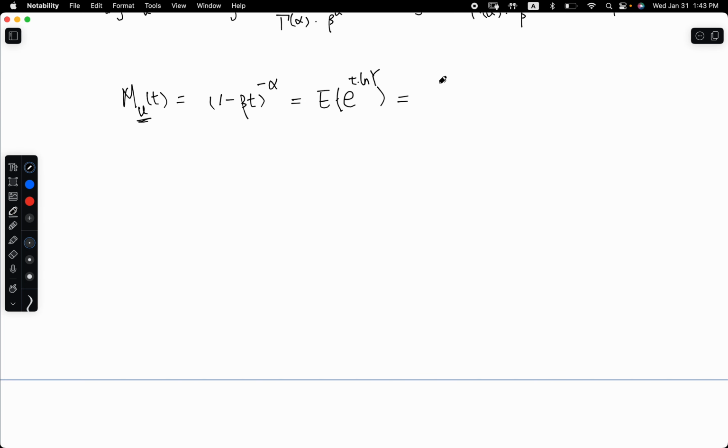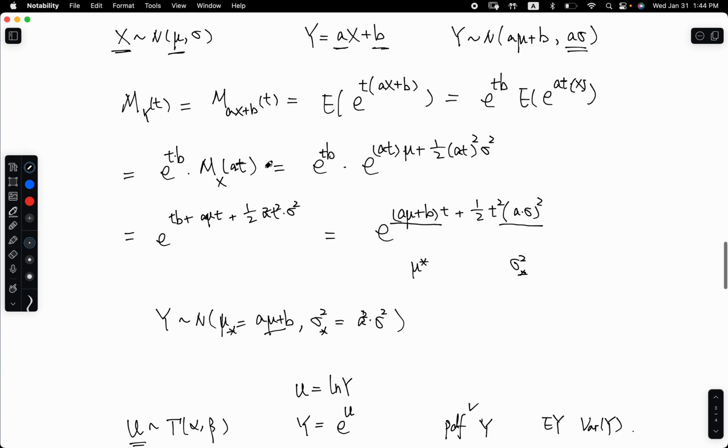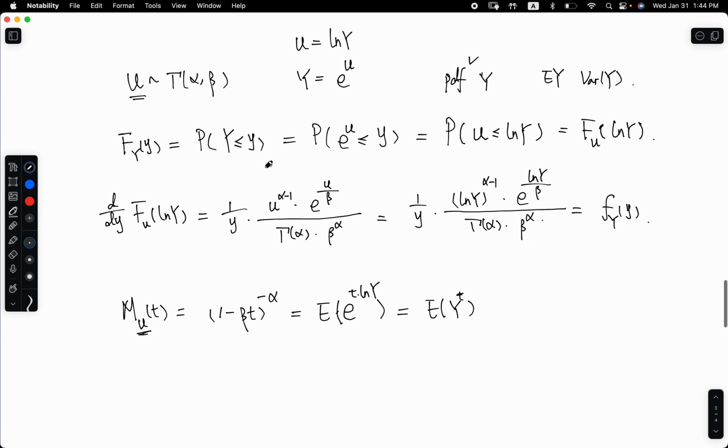As in the earlier previous example, we can rewrite this as the expectation of y to the power t. Our goal is to find the expectation and the second moment of y.